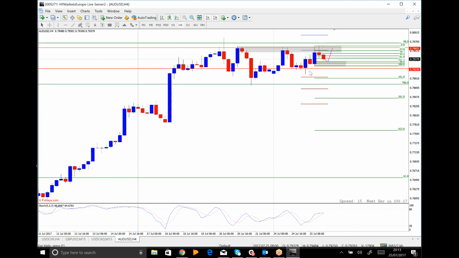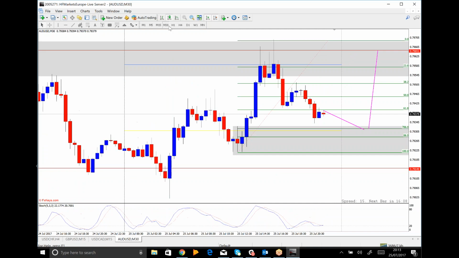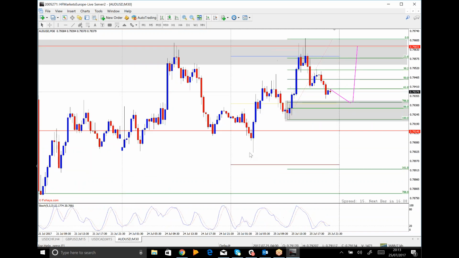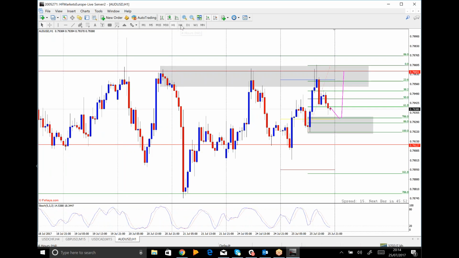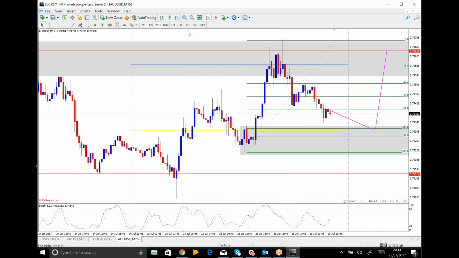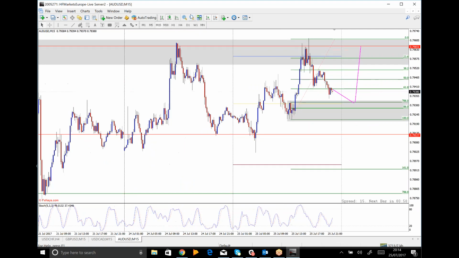See all this consolidation. Now, favored position is short. But we can see there's lots of buying action on this pair. Favored position is short, but intraday it will look to be bullish back to the zone. Once we hit this zone, then we're looking at another drop again.